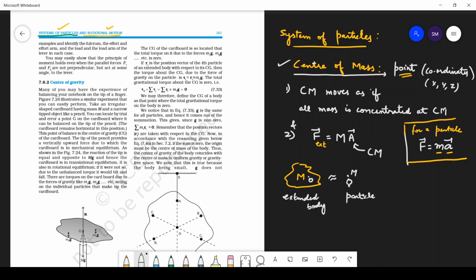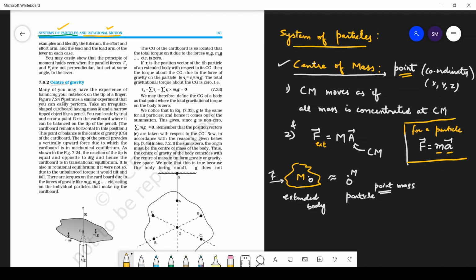So that is the advantage of center of mass, meaning of center of mass, that you are assuming this extended body as a point mass, and this point is your center of mass. So assume when a force is applied on the body, we assume that the force is applied on this center of mass. Okay. Now the next topic we are going to study is center of gravity.